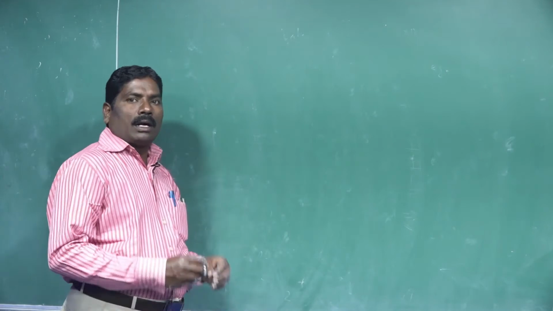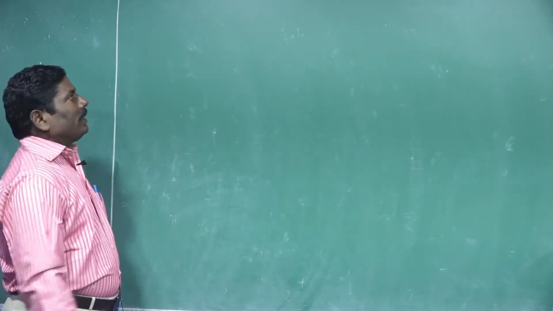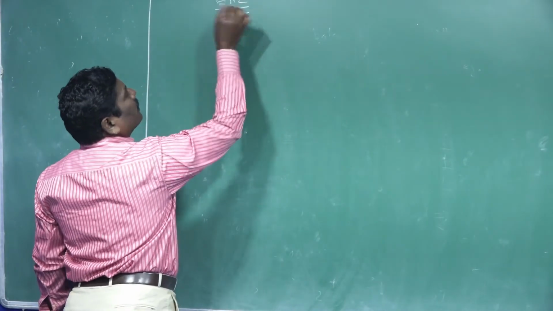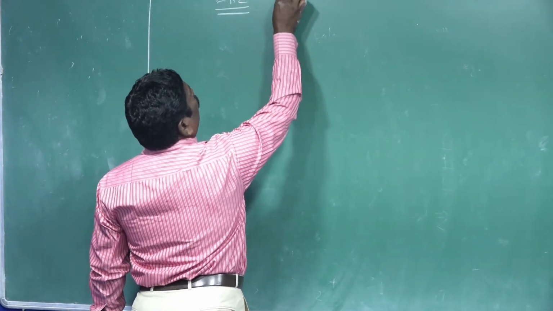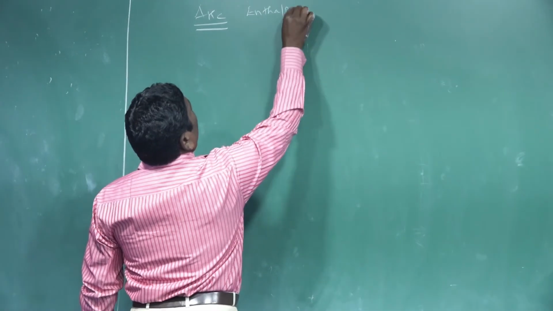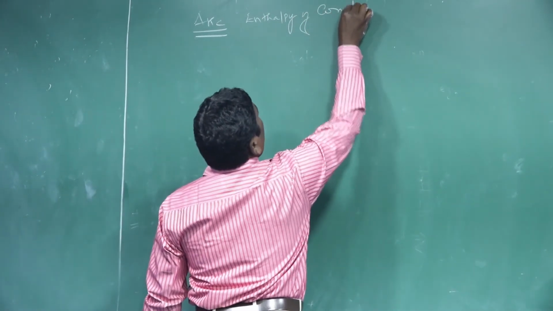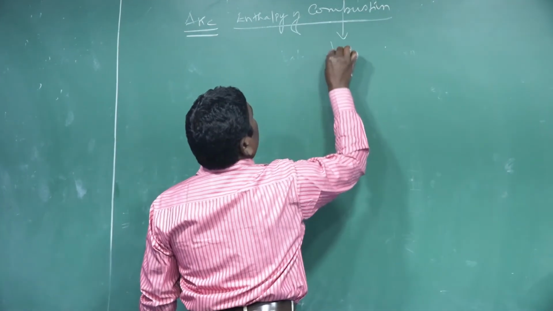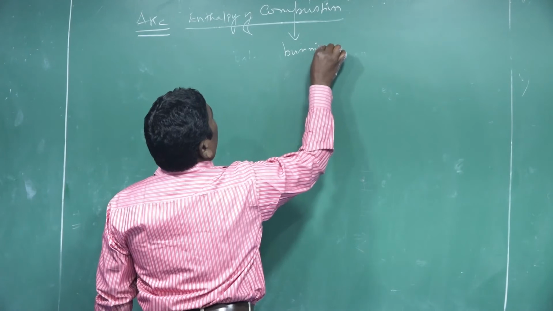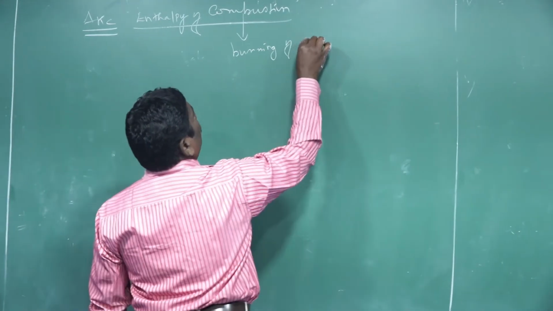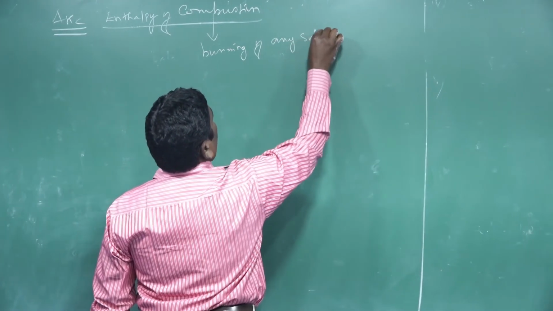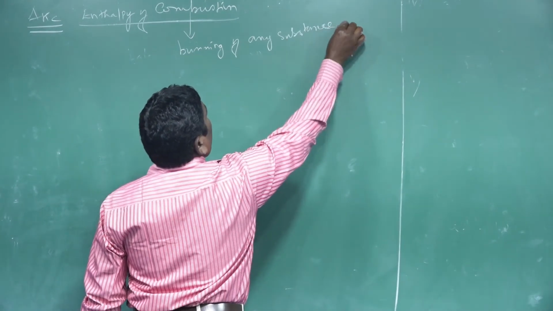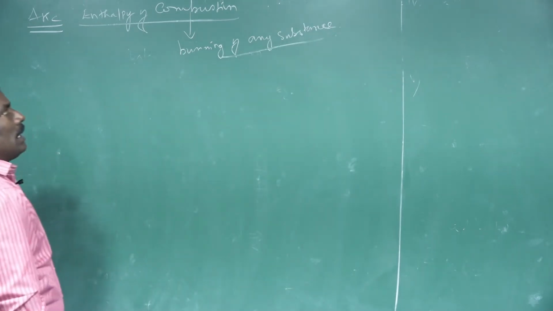Next, the concept we are going to see here is the enthalpy of combustion, that is delta H C. Combustion is nothing but burning of any substance, so we can write it as combustion reactions.